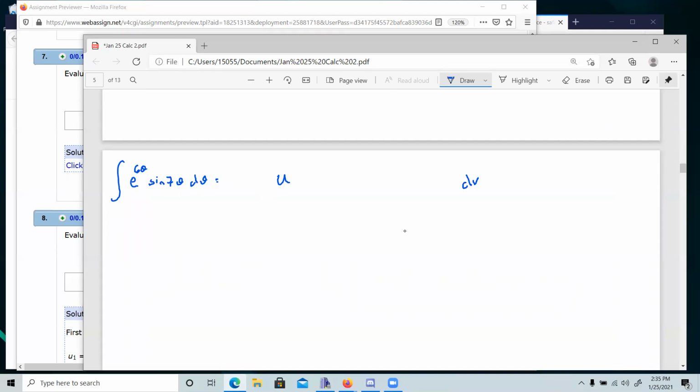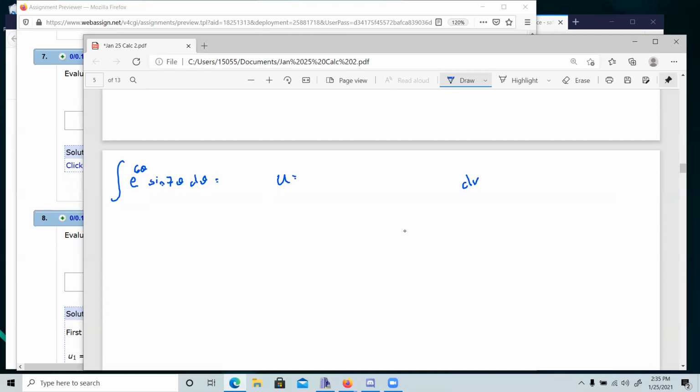When I take the derivative, all I get is 6 e to the 6th theta. And if I take this for my u, then the only thing I do is flip-flop between sine and cosine, and that isn't helping either. I don't remember which way is always the better way to go with this.